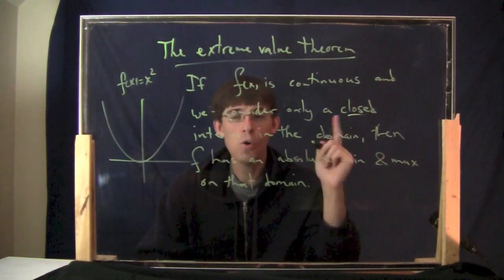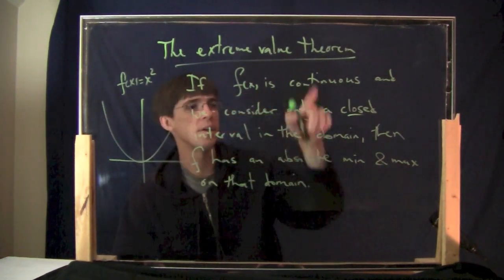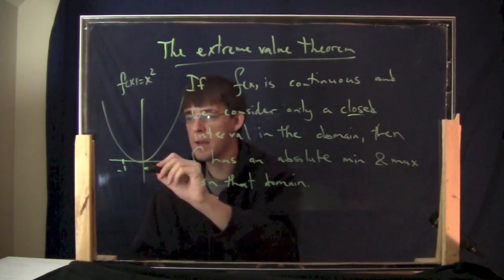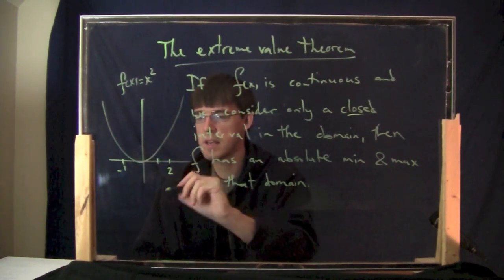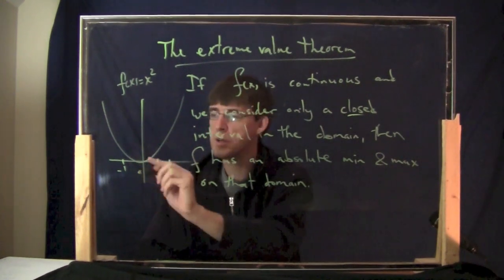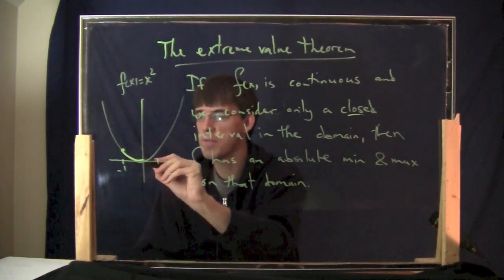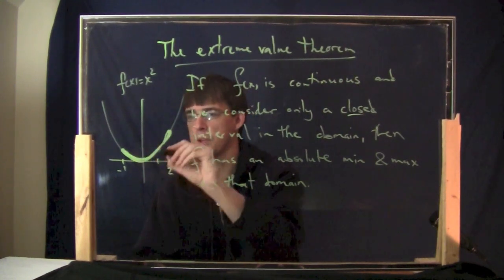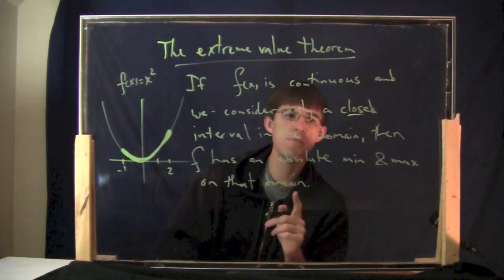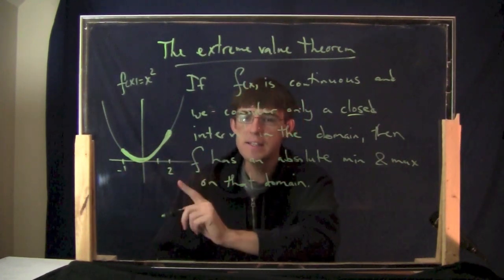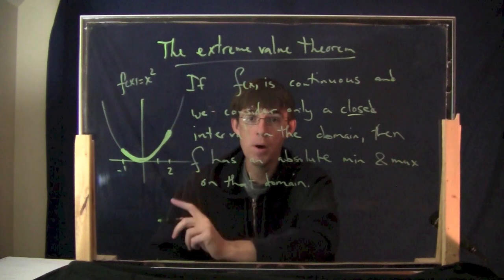But if we consider only a closed interval, which is what the extreme value theorem says, then automatically it will have a minimum and a maximum. Let's say this is my closed interval that I'm considering, and I'm only looking at just this much of the picture, from here to here. All right? If we consider only a closed interval in the domain, then on this interval, there is a maximum and a minimum y value.